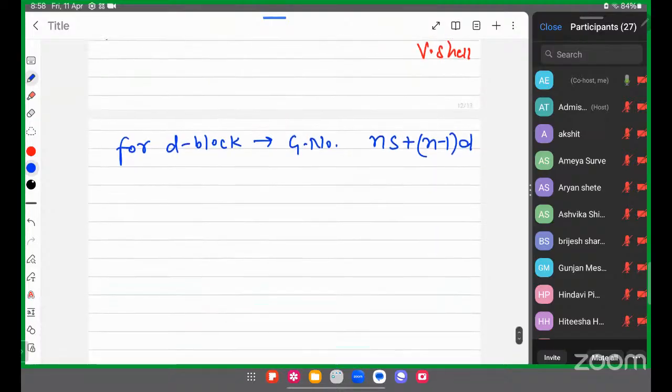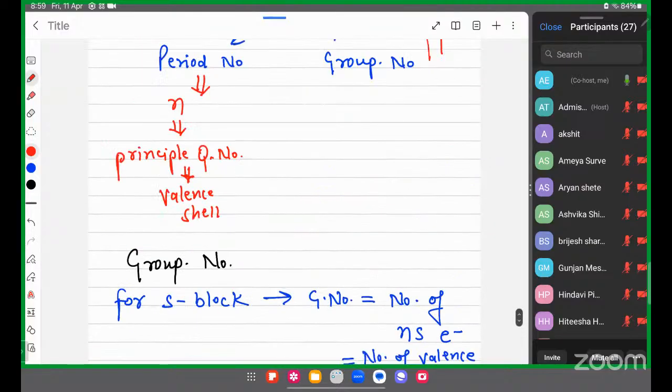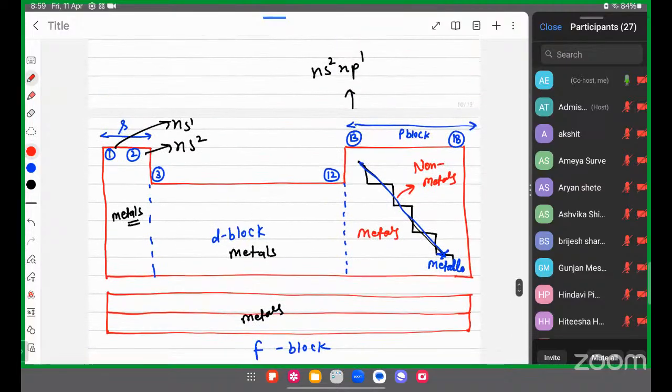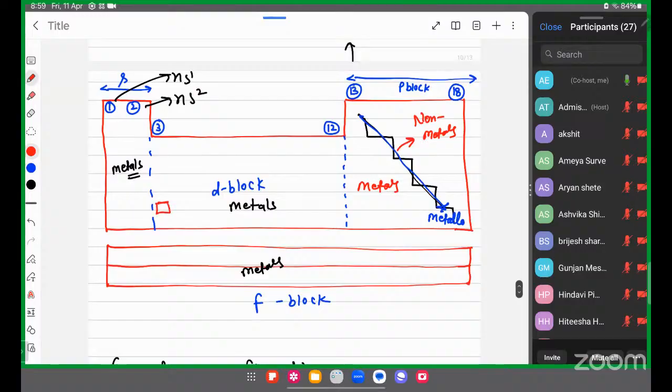About the f block, it is very easy to find its group number because it is fixed. The complete f block is in group number 3. This is period number 6 and this is period number 7, so 6 will go here and 7 will go here. This is the lanthanoid series and this is the actinoid series.